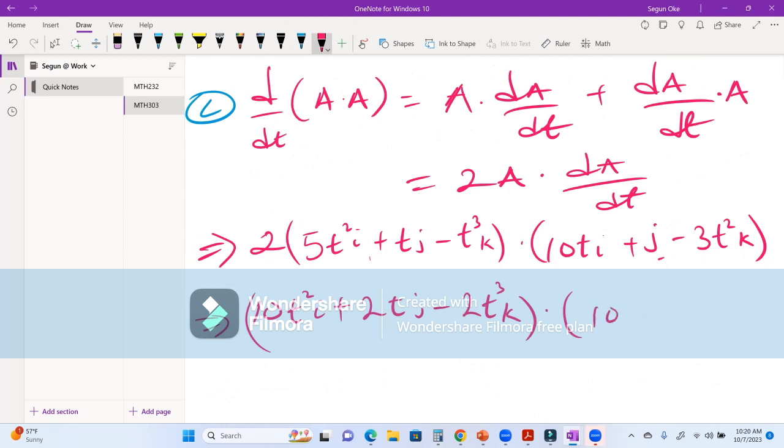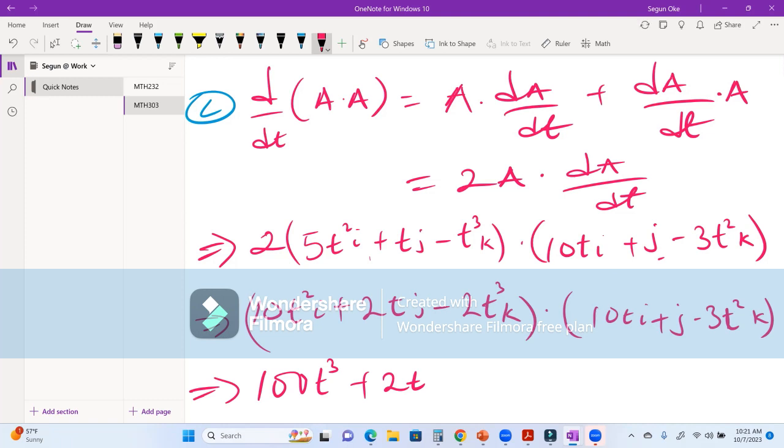Dot 10t i plus j minus 3t squared k. So we can dot each of them. 10 times 10, you have 100 t cubed. j times j, you have plus 2t.